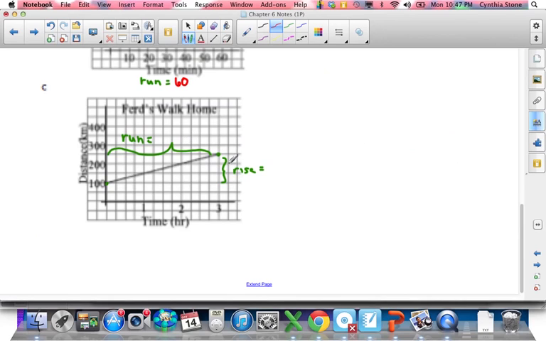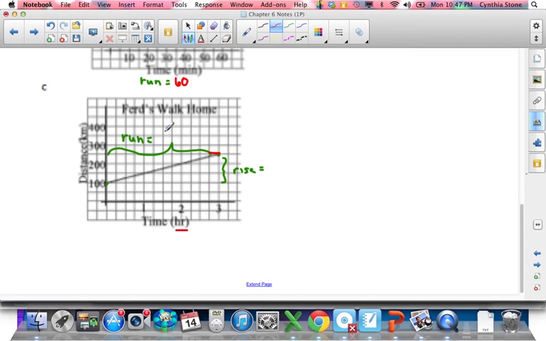Last one here. This one has no data points written on it, but you still use the same idea, and it's really not that difficult. The run this time is hours, and we have kilometers here. So it starts at 0. It goes as far as to here, which is 3. Starts at 0, ends at 3, so it goes 3 hours.